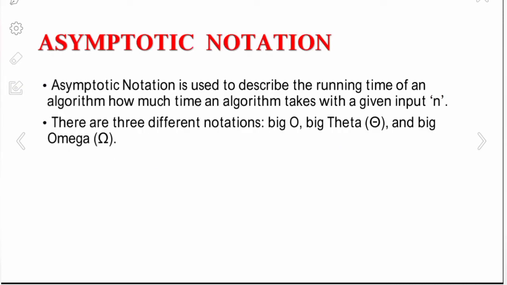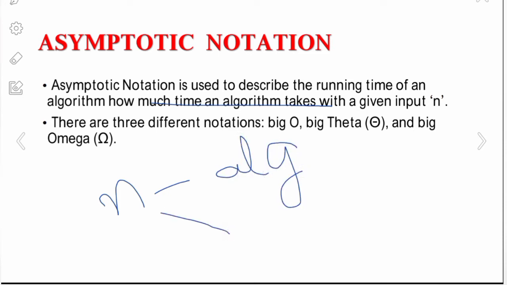Here we are going to learn about the different types of asymptotic notation. Asymptotic notation is used to describe the running time of an algorithm, that is, how much time an algorithm takes for a given value n. Here we are going to consider the approximate value for a particular input size n, and how much time an algorithm will take to run for that input size.